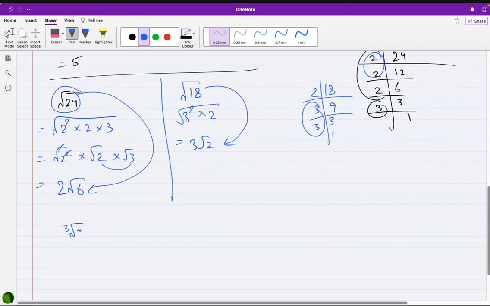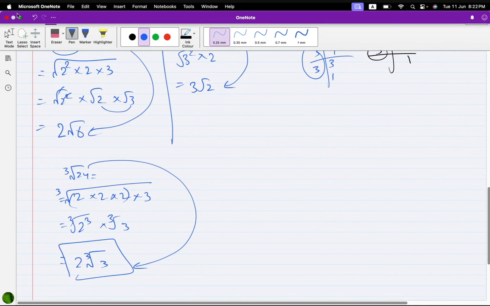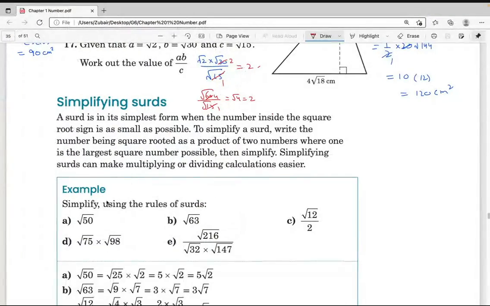Suppose this was cube root 24. So 24 is 2 into 2 into 2 into 3. Now I'll make sets of 3. Cube root 24 could be written as 2 cube root 3. But in this case, we are just dealing with square roots.